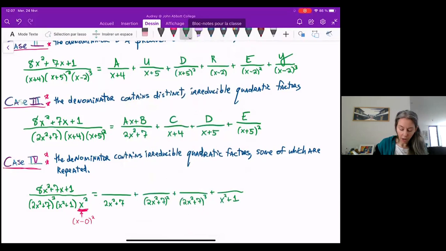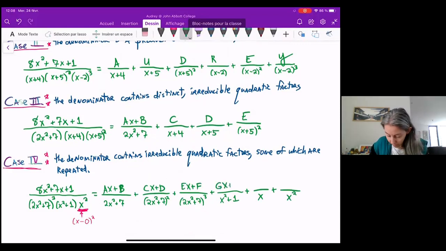So here we're going to have plus x as a denominator and then plus x squared as a denominator. Now, 2x squared plus 7, that's my quadratic factor. So I'm going to have an x on top. So I'll have ax plus b, and then I'll have cx plus d, and then I'll have ex plus f, then I'll have gx plus h, and then I'll have i, and then I'll have j.